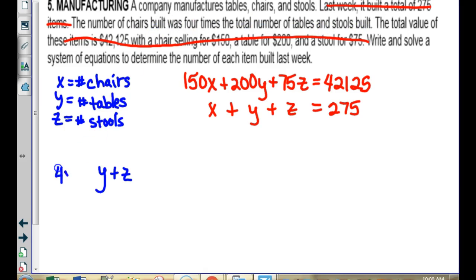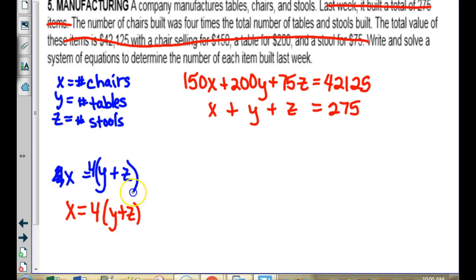Students always do this. But if it's already, we got too many chairs, right? A ton of chairs, we're not going to multiply it by 4. We're going to multiply the other side by 4 to get X. Some of you were very much on track for that. All right, so the number of chairs is 4 times as many as these other guys added together.